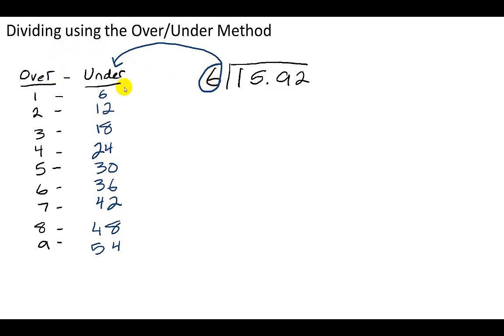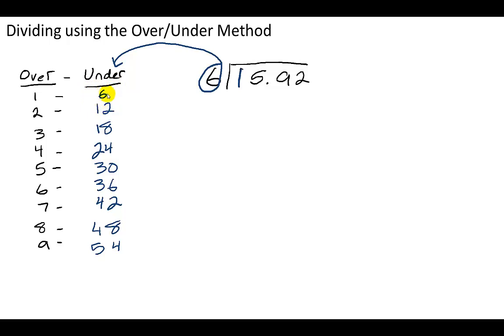Now that we have our over-under list, we're actually able to look at our division problem. So we're starting off with a 1. We need to figure out how many times does 6 go into 1. So we're going to look at our under list, and we need to stop whenever we get to the 1 or the number closest to 1.